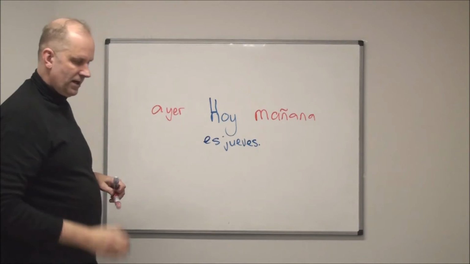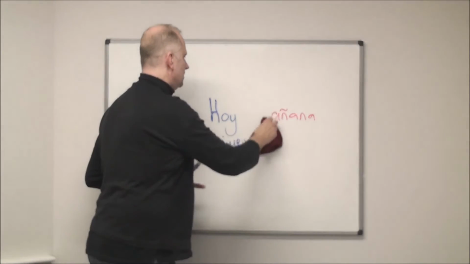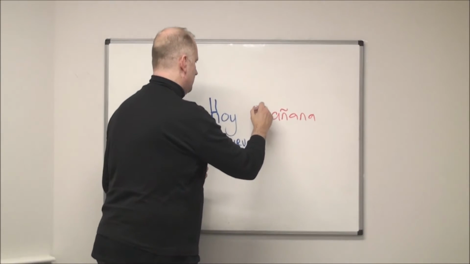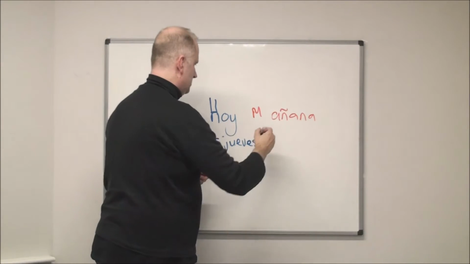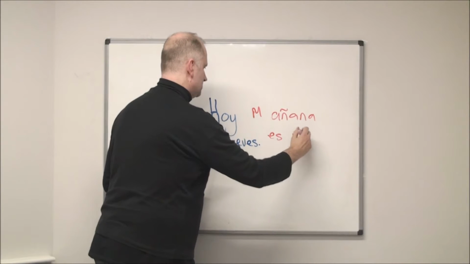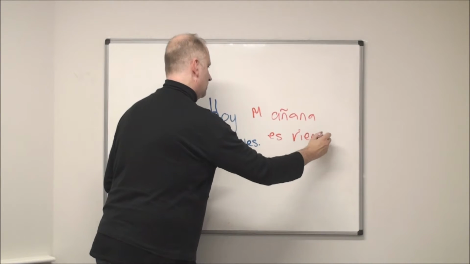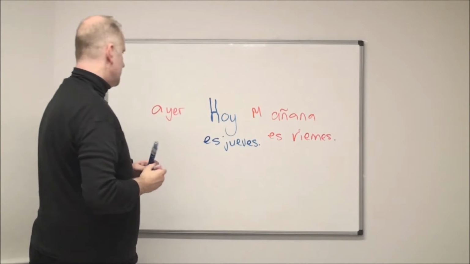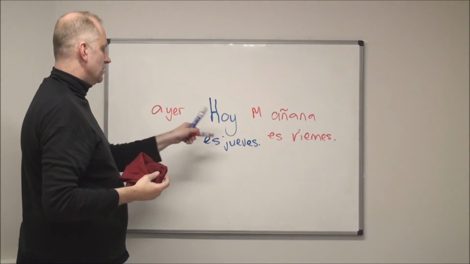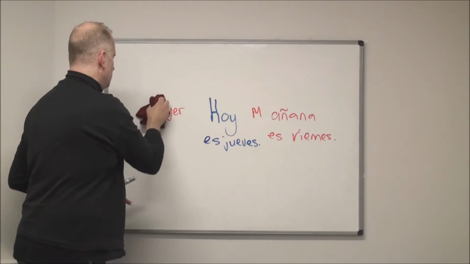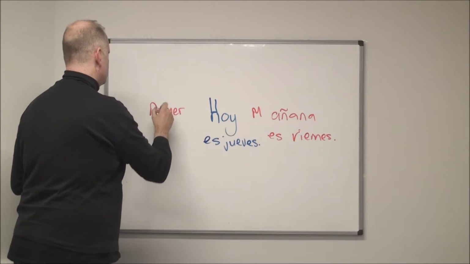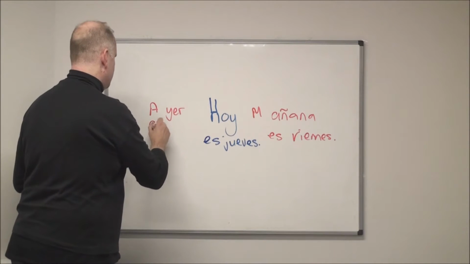Tomorrow is Friday, mañana es viernes. Okay, so if you want to say yesterday, you have to say was, so it's not going to be es, which means is. It's going to be fue.